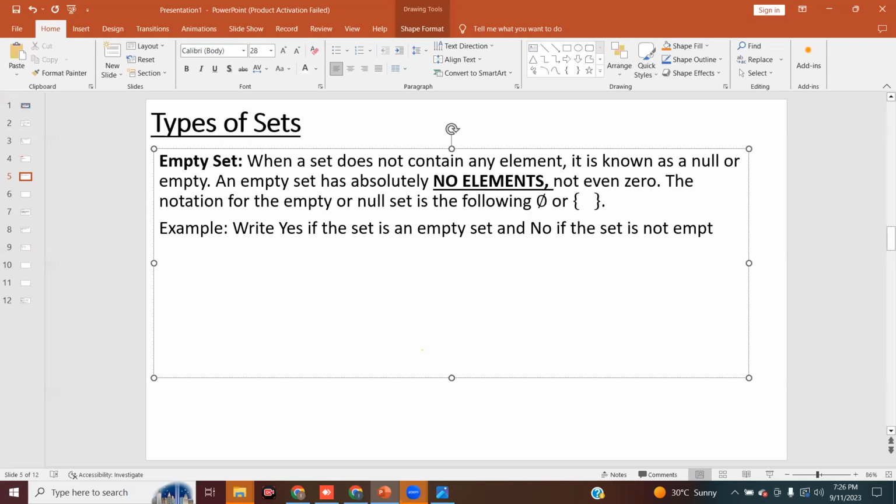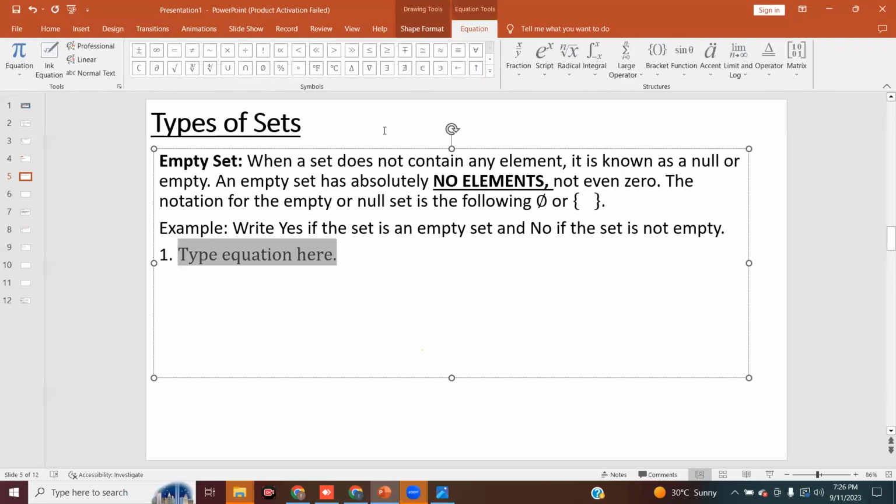So what if I say set A is, let's say that set A is equal to the set of cows that jumped over the moon.